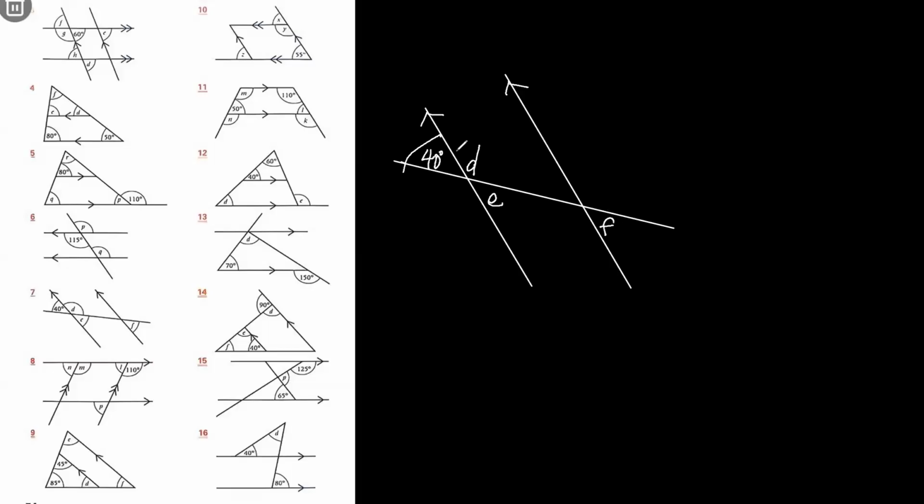Now, D and 40 are on a straight line. So D is equal to 180 minus 40. That's 140, right? So the D, we could take this off and put 140.